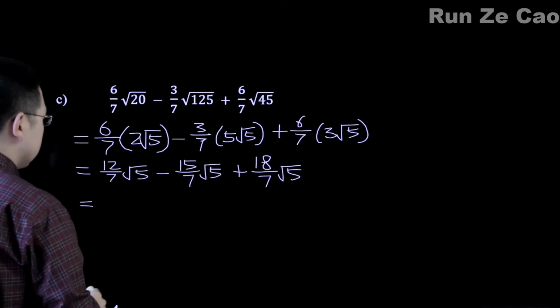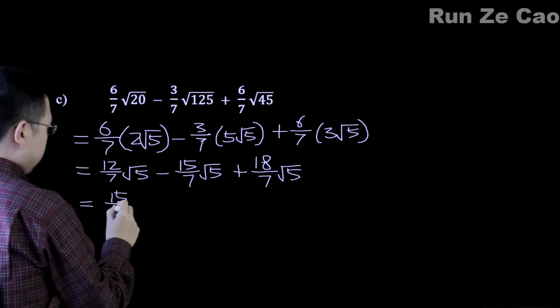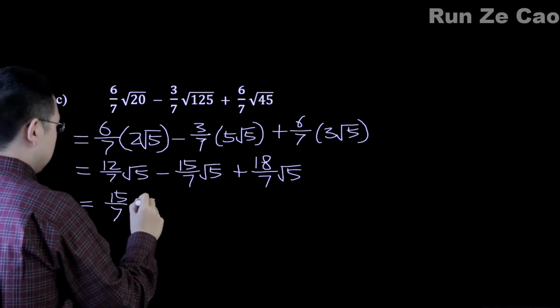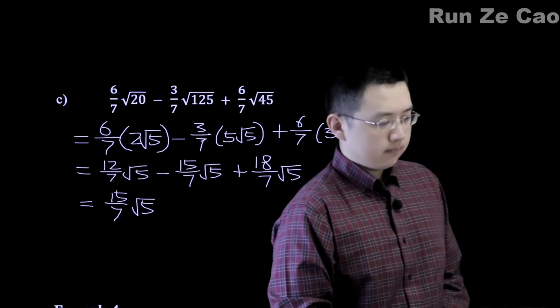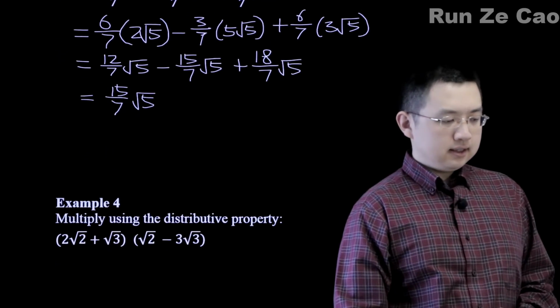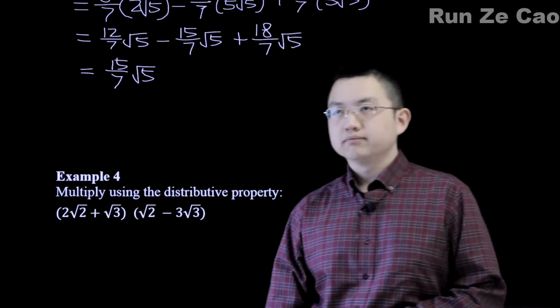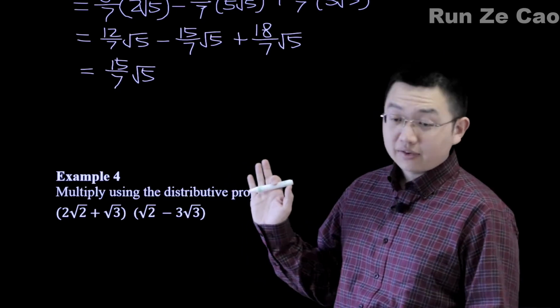So this is equal to 15 over 7 square root 5. Improper fractions, some teachers frown upon them. Others, well, they really could not care less.